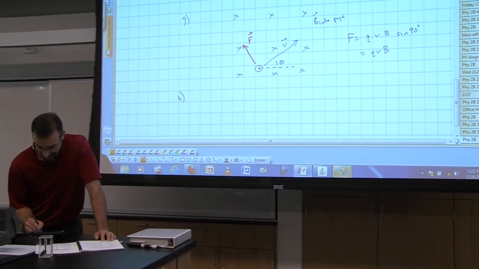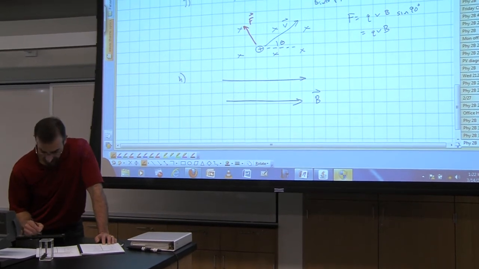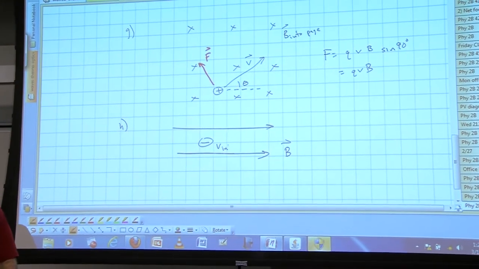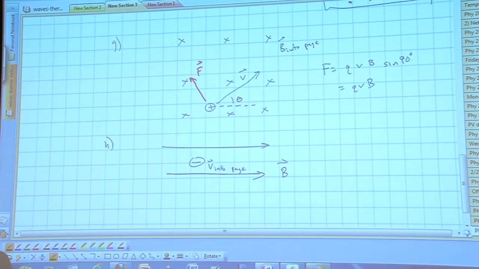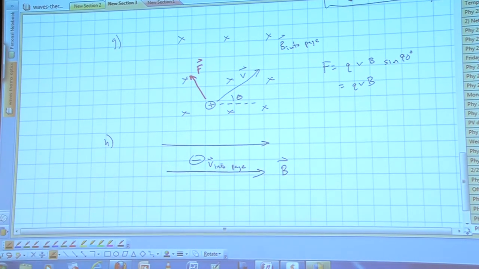Let's see. Negative particle moving into the page, B to the right.